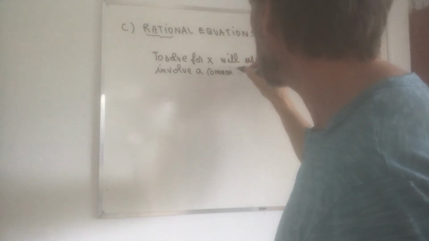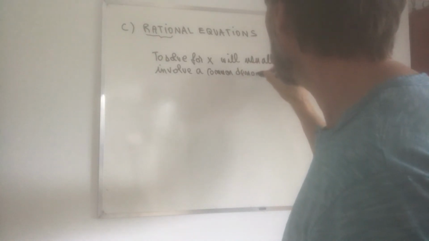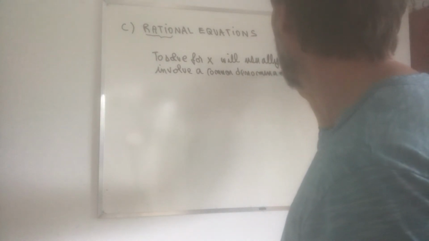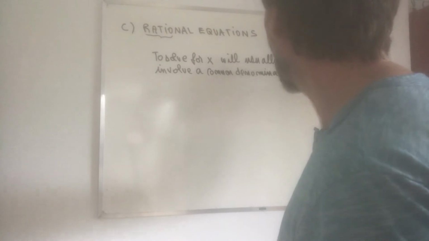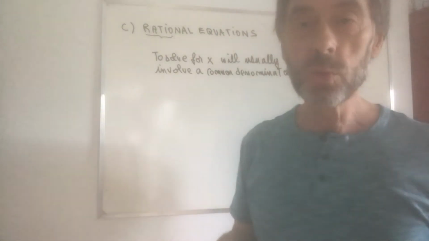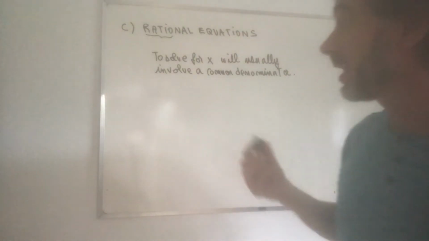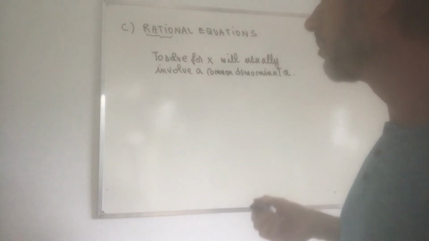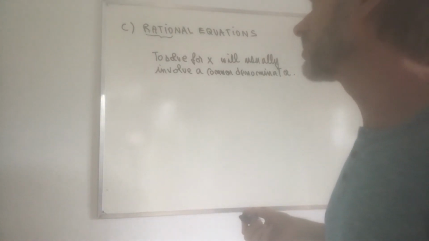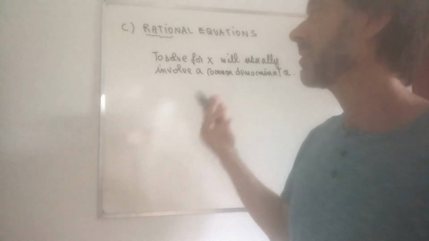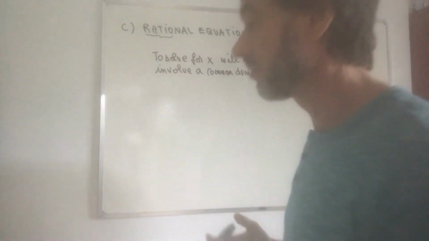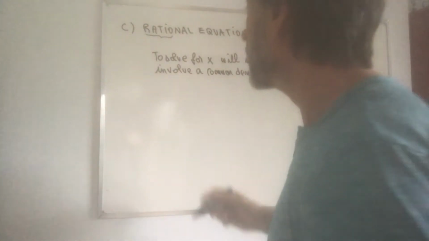So that's the one tool, the common denominator, that we are going to keep in mind if we're going to be able to rationalize some of these things and to solve the rational equations.